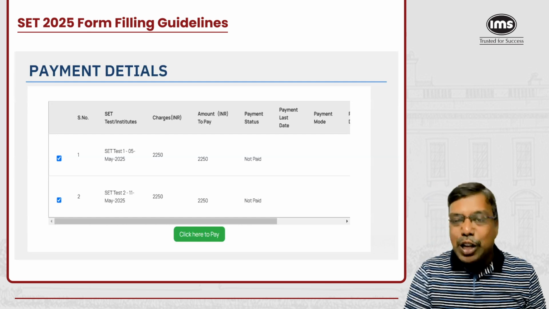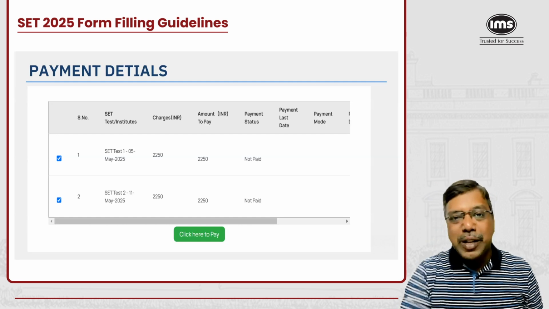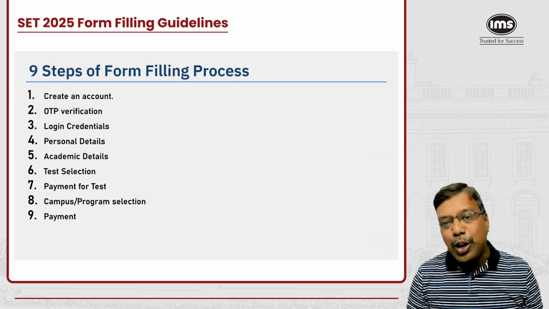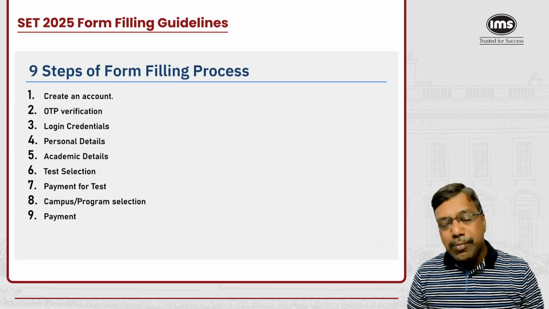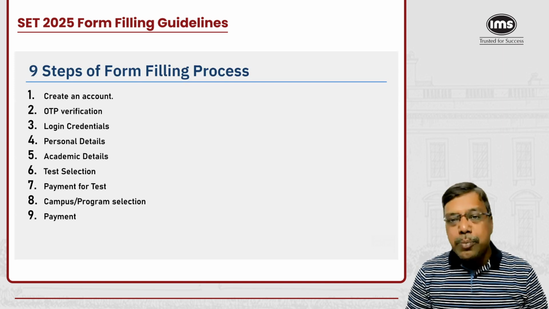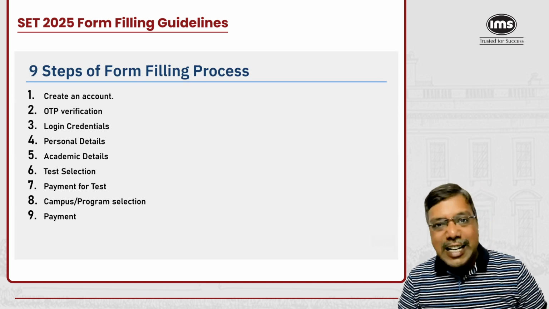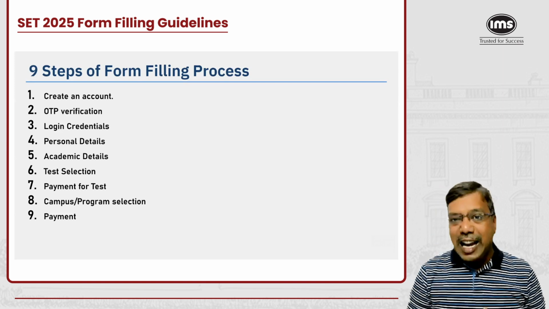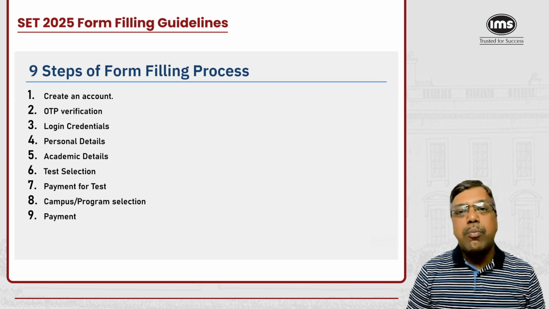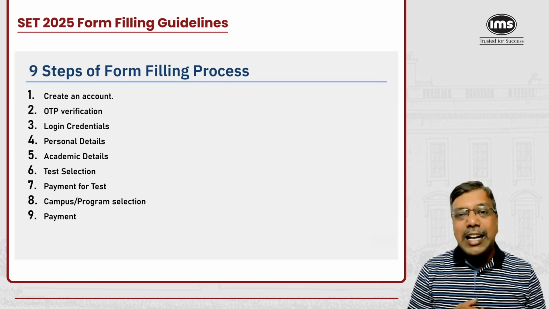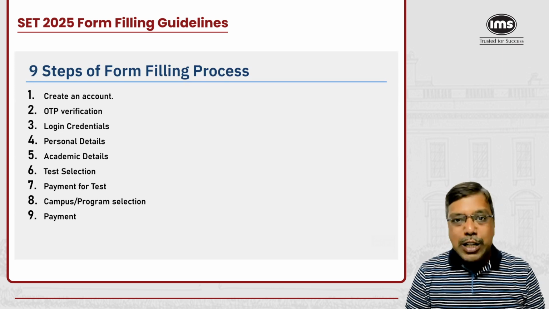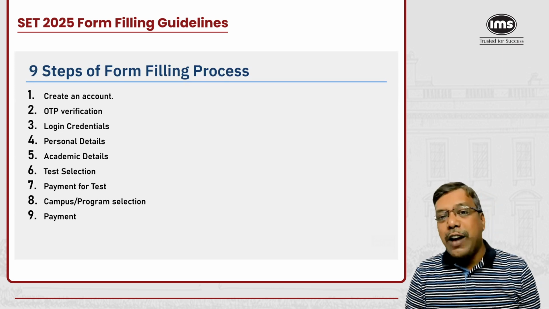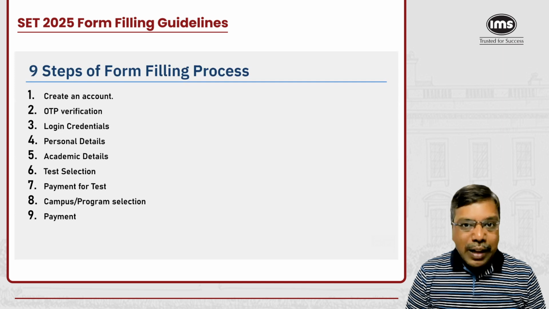So, to summarize, there are 9 steps that one needs to follow in the form filling process. Number 1 is to create an account by providing basic details like your name, date of birth, mobile number, email ID, category that you belong to, upload your passport size photograph, and verify the OTP.